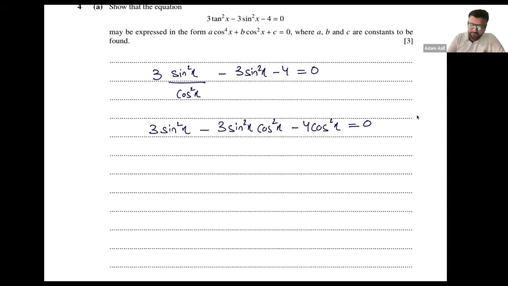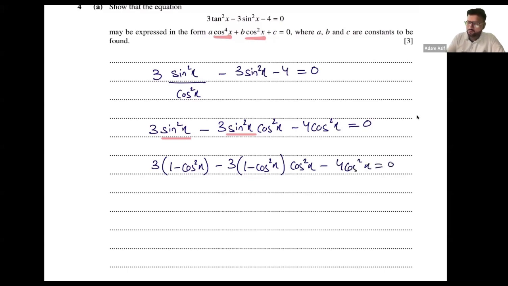Since we want our expression only in terms of the cosine function, we are going to use the identity to replace sine square x, and we can do that by 1 minus cos square x. Now simplify this: 3 minus 3 cos square x, minus 3 plus 3 cos square x.